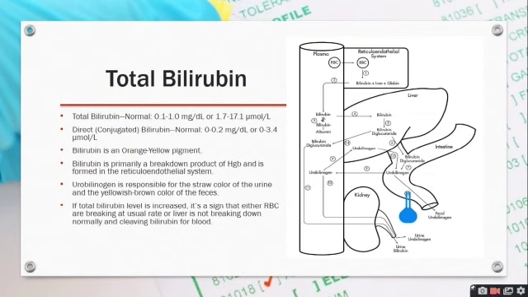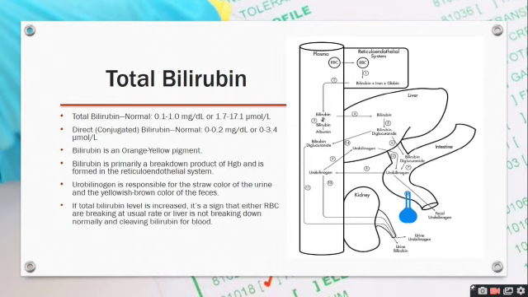When this concentration exceeds 0.2 to 0.4 milligram per deciliter, bilirubin will begin to appear in urine. That happens in the 11th step, where urine bilirubin is formed. So this is the overall metabolism of total bilirubin.